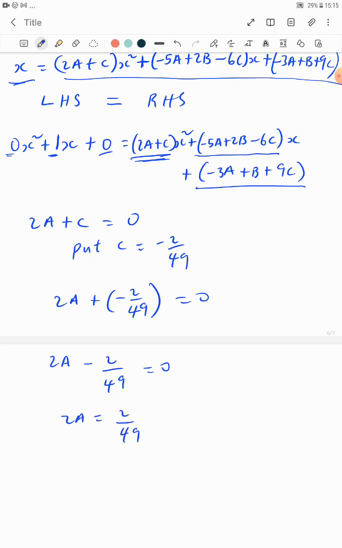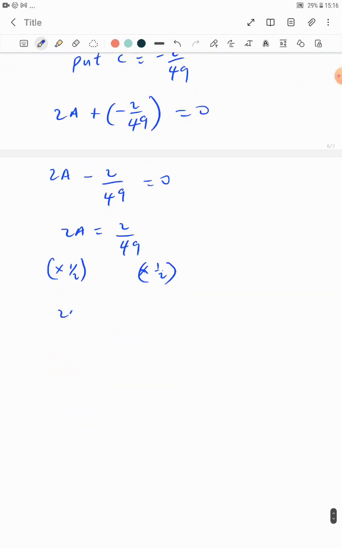So let's multiply both sides by 1 over 2, because I want to remove that 2 with a there. So that will be 2a times 1 over 2 equals 2 over 49 times 1 over 2. 2 cancels 2, that leaves us with a here. So that will be a equals 1 over 49.